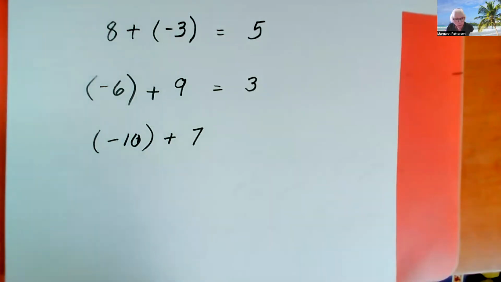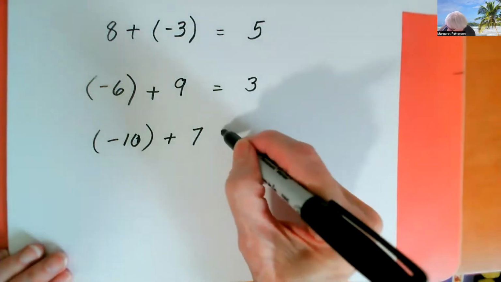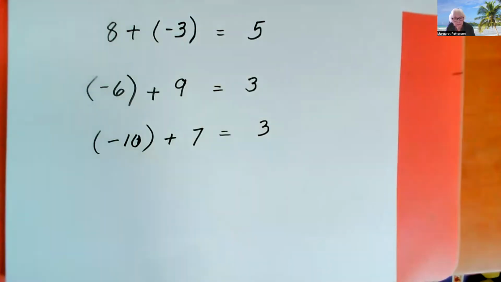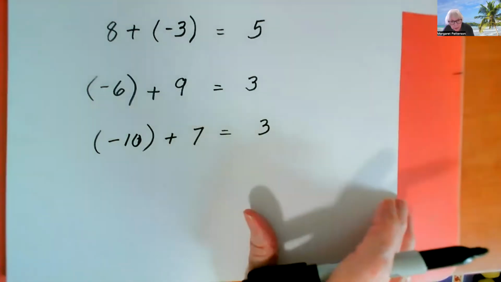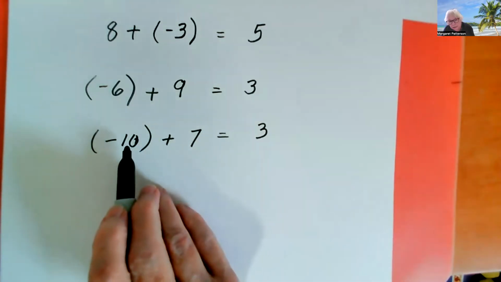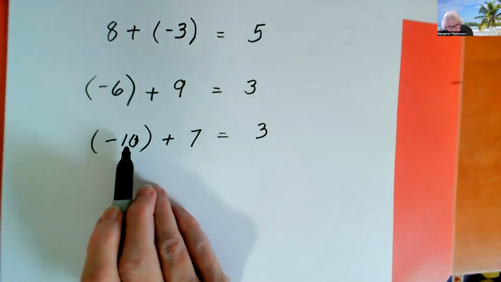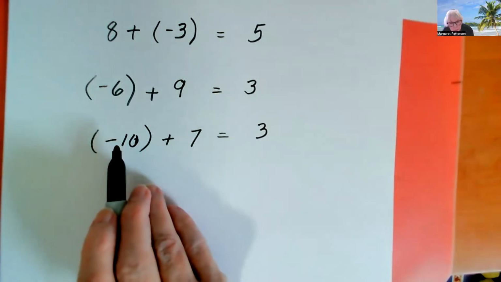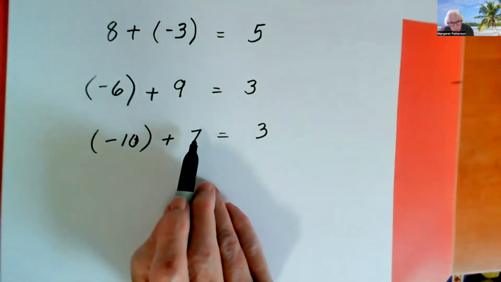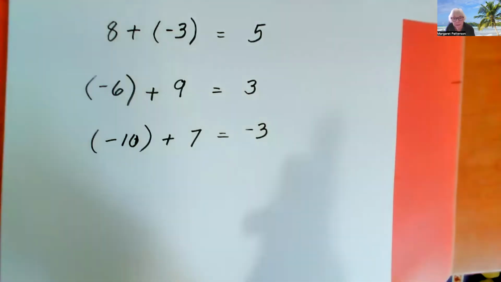So you would kind of ignore the minus and just say 10 take away 7 is 3. But is it a +3 or is it a -3? Well, it's clearly negative because in a sense, the negative wins in this case. There was more negative than there was positive, and so it ends up being -3.